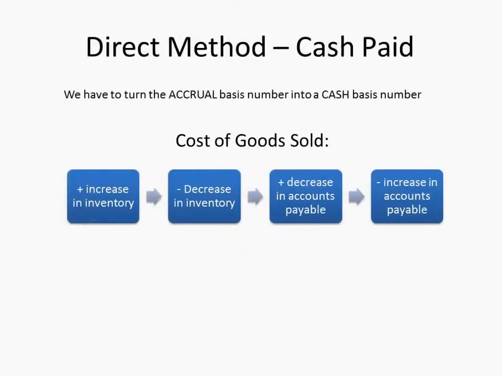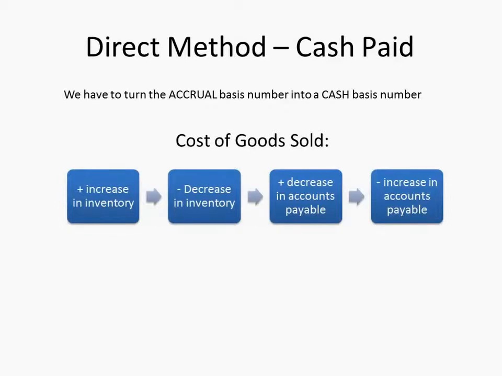This is where we can end up. So if inventory goes up, think about the journal entry. If inventory goes up, you would have paid, let's just say you're paying for inventory. Okay, so you start with cost of goods sold, you add any inventory that you purchased, any increase in inventory during the period, and alternatively subtract any decrease in inventory. So whichever way it goes, any change in inventory.